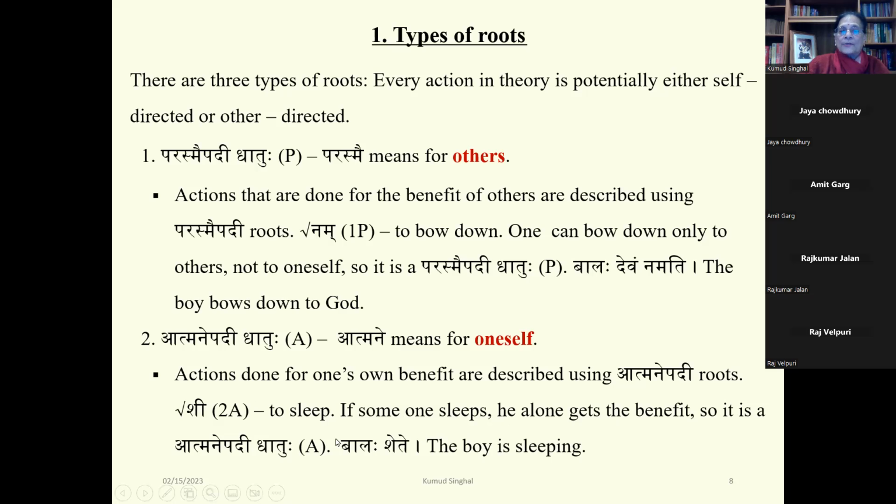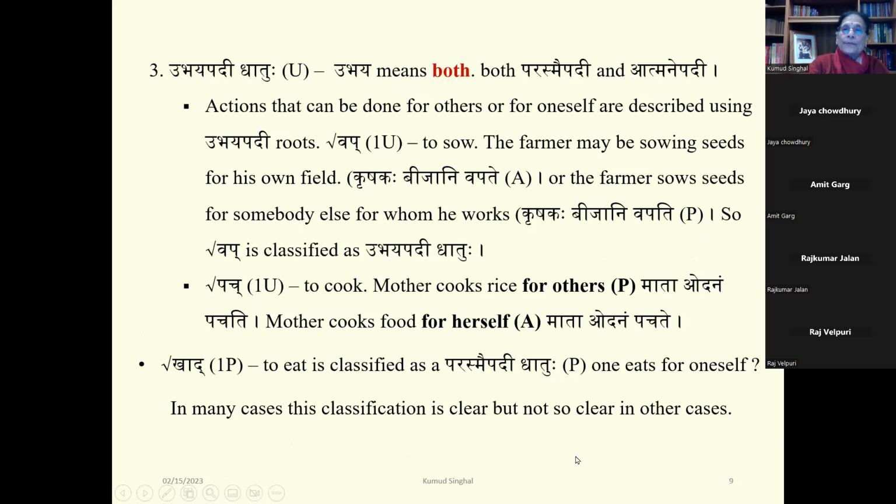So it is an atmanepadi dhatu. And the conjugations will be different. So here it was namati in the third person singular. Here it is shete. The verb forms will be different depending on the type of the root.